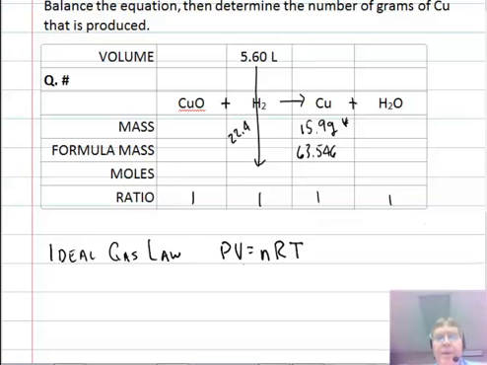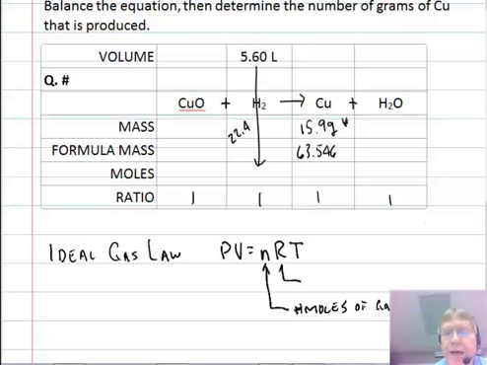Okay? Now, P, V, and T are pressure, volume, and temperature, just like you have seen them before. N, this number right here, is the number of moles of the gas. Okay, so N is the number of moles, R is the gas constant.